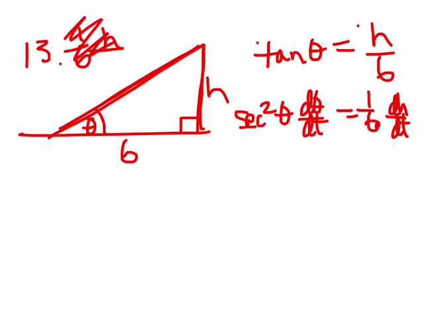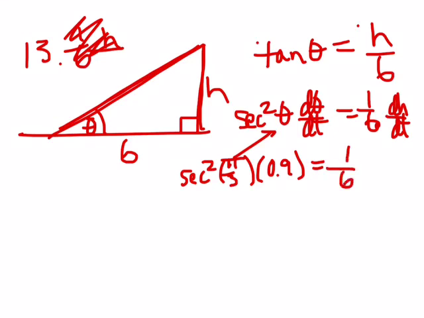Okay, so what do we actually know here? We know theta. So secant squared of pi over 3. We know that. d theta dt, they gave that to us, 0.9. And then 1/6. Okay, and then we're solving for dh dt.